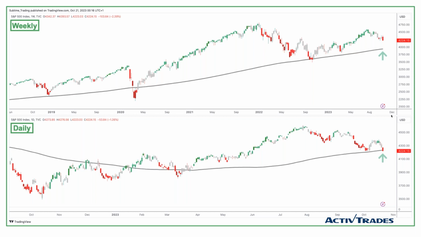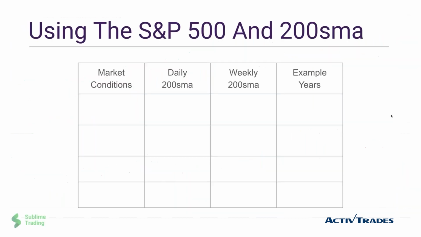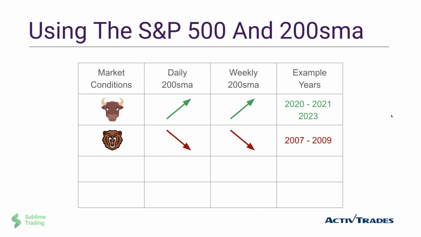So I like to look at the weekly and the daily. We move to the next chart just to reiterate this point. If in a bull market, I want to see assets trading above the 200 SMA on the weekly and the daily. If we look at bear markets, we want the market to be trading below the 200 SMA on the daily and the weekly. 2007 to 2009 is a good example of the last real bear market that we had.